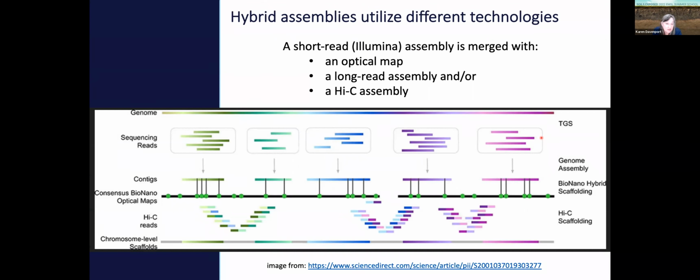Some of these technologies include an optical map, long read assemblers, meaning PacBio or nanopore data, or Hi-C data, which links together sequences that are next to each other or associated with each other in the nucleus of the cell itself before you do the sequencing. All of these can help, but NMDC does not have these capabilities to do hybrid type assemblies yet. Could be coming.